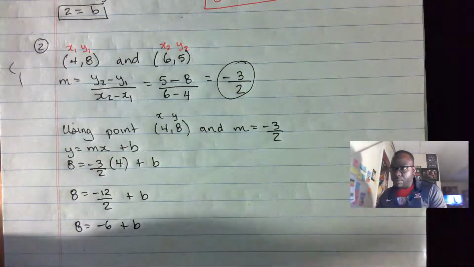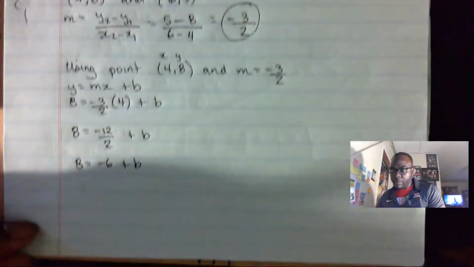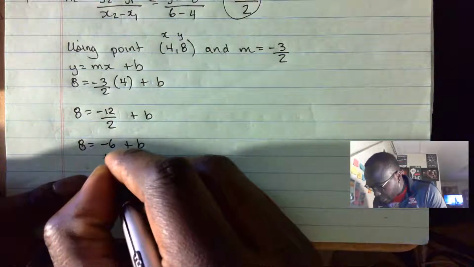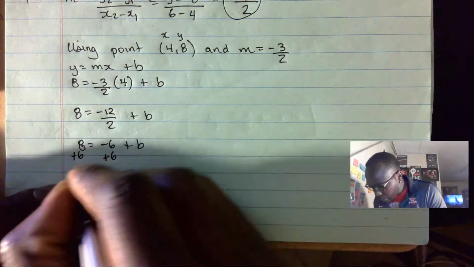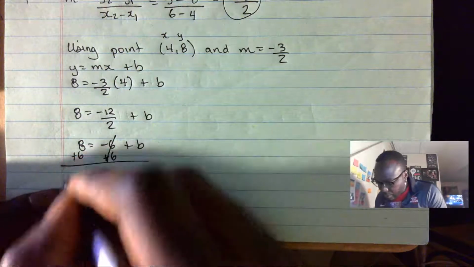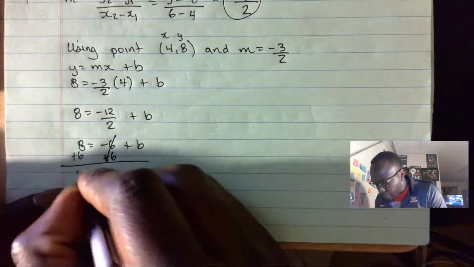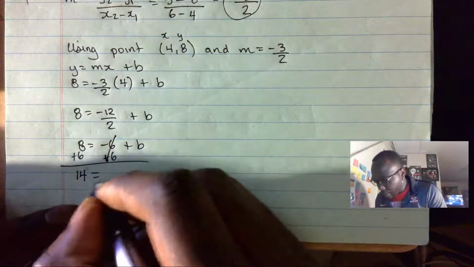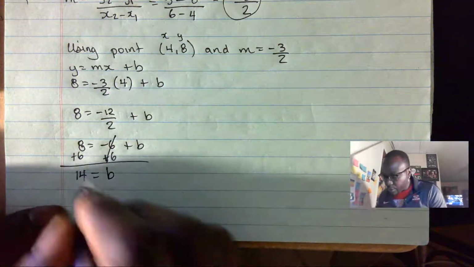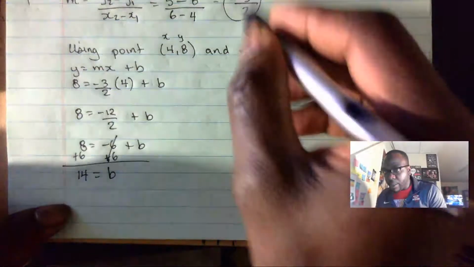Again, I'm solving for b here. I want to get b by itself. So how do I get b by itself? By adding 6 to both sides. Here comes a little bit of algebra, so I cancel that. 8 plus 6 is 14. Now what we have on the other side is b. So b is equal to 14. So now I have the value of b and I have my y-intercept.